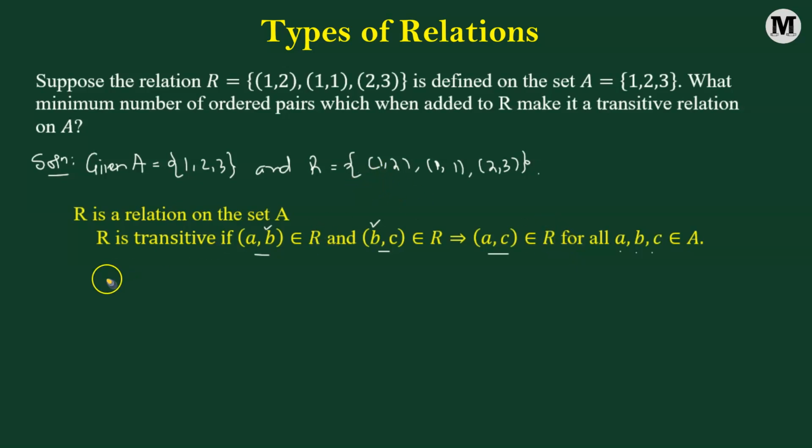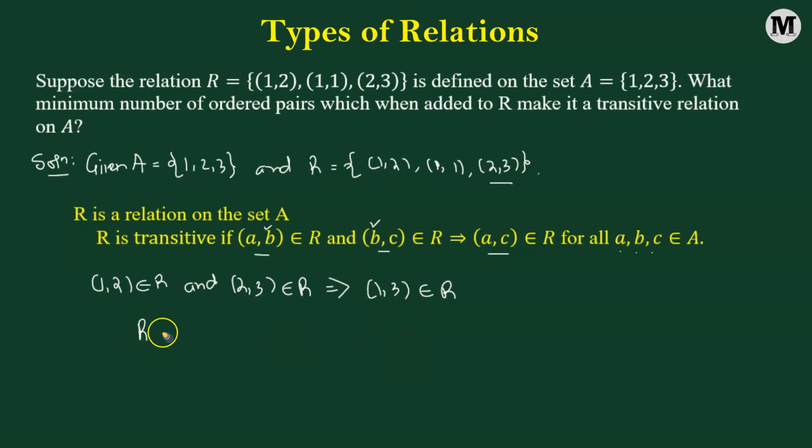So in our case, we see that (1, 2) belongs to the relation R, and then we have the ordered pair (2, 3) belonging to the relation R as well. If R is to be transitive, this must imply that (1, 3) must also belong to the relation R. Since R does not have that element, the minimum number of ordered pairs that must be added to the relation R is 1.